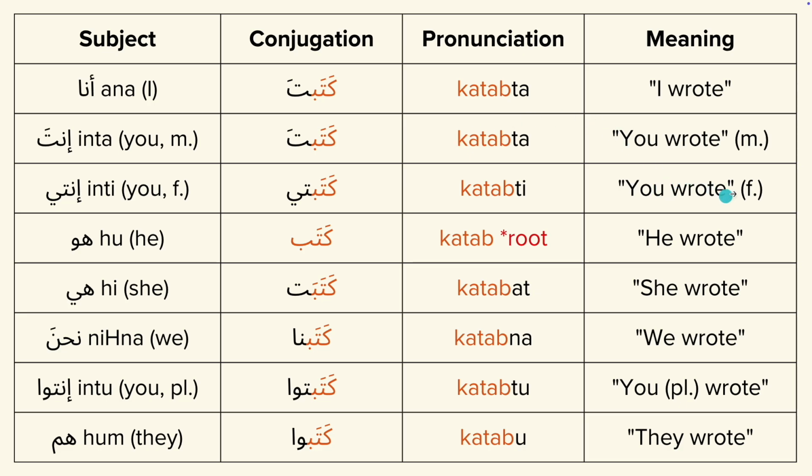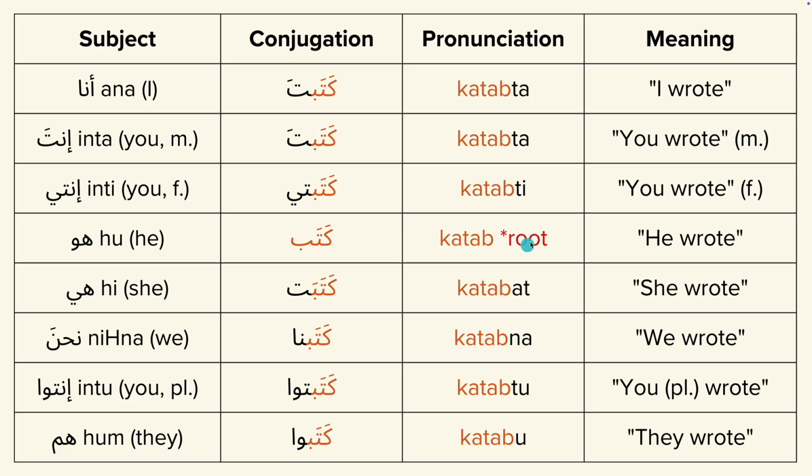Now to say you female wrote, say inti katabti. Inti katabti. You wrote. Now to say he wrote, just say who katab. You don't need to add anything at the end because he wrote is the root of the verb, okay?